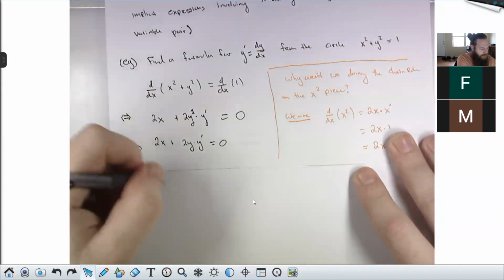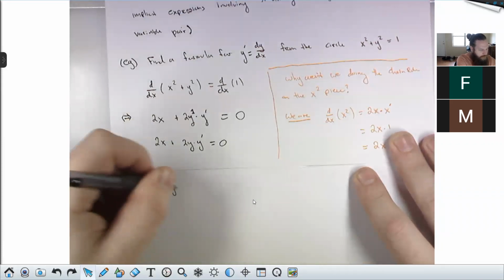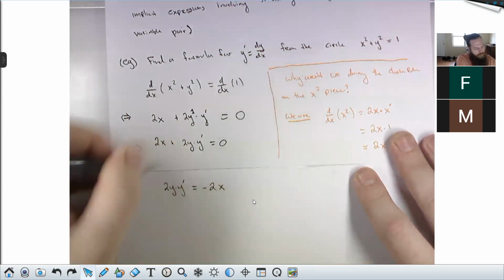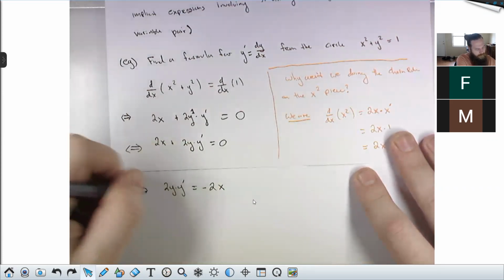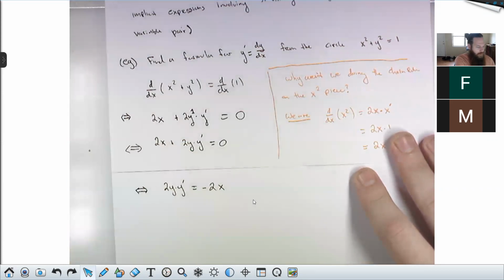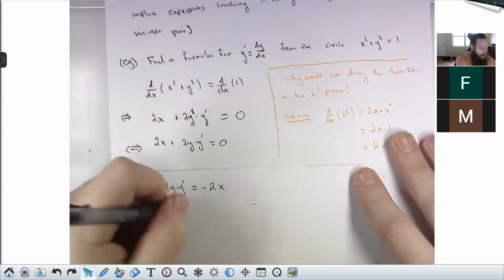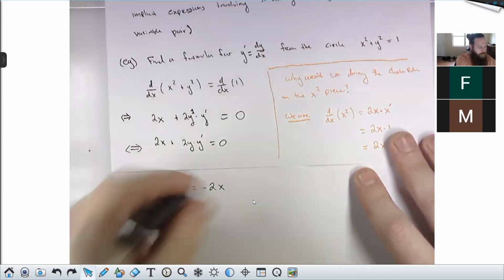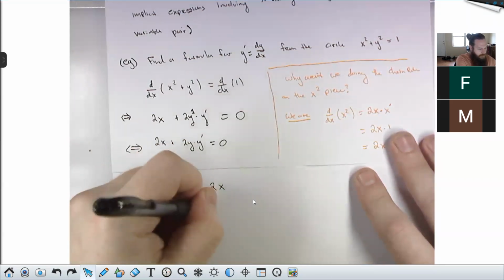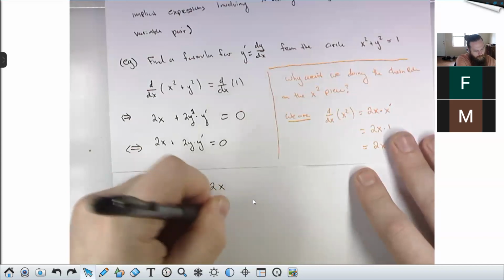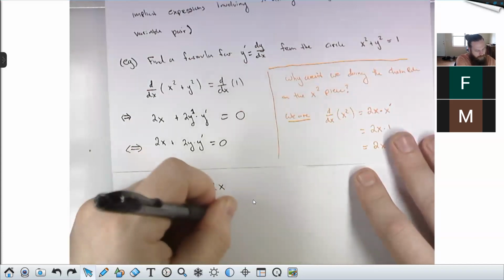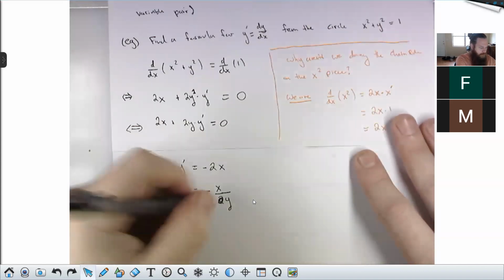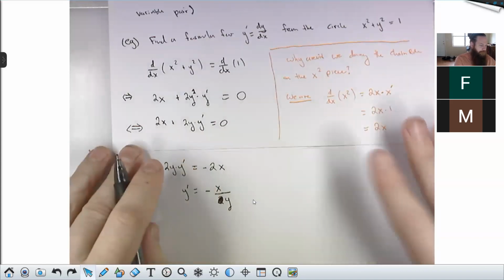Now I can subtract the 2x over and I get 2y times y prime equals negative 2x. And then I can divide over the 2y, and I get y prime equals negative 2x over positive 2y. The 2's cancel. I get negative x over y. Yeah, the 2's cancel, sorry.